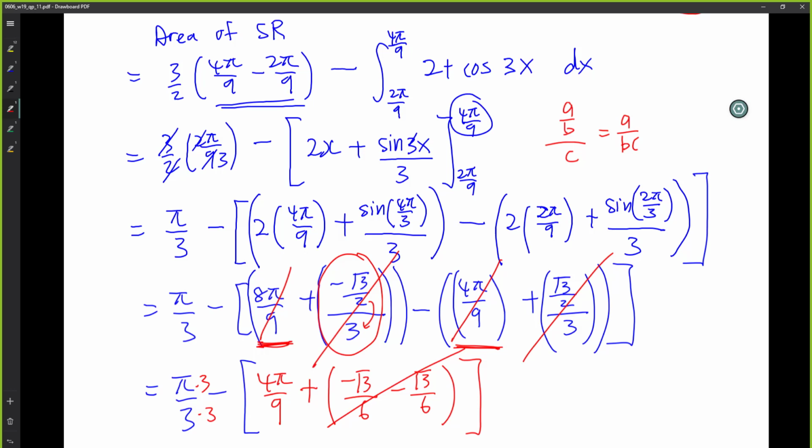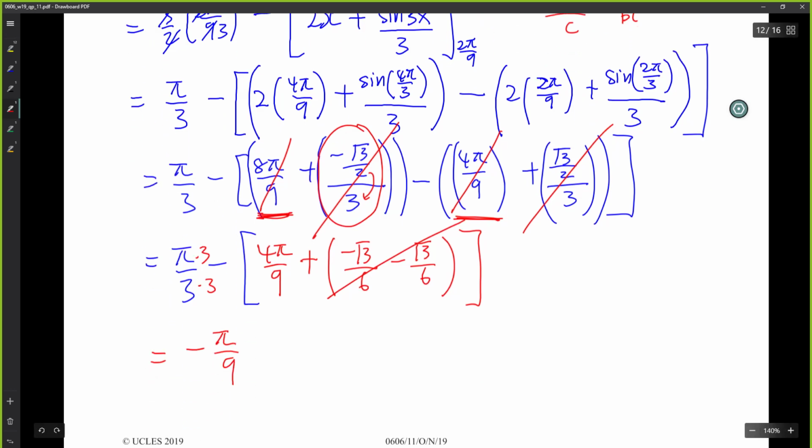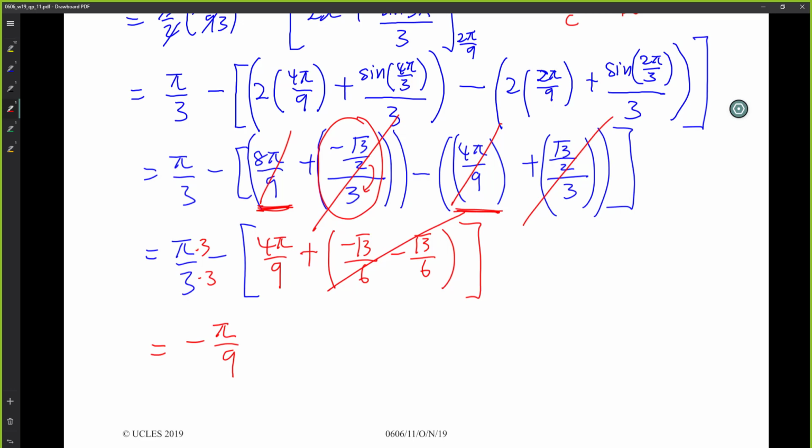Yeah, I found my mistake. Again, cannot cancel out. This is the reason why. Because you have minus this one, right? So negative minus this one is not 0.